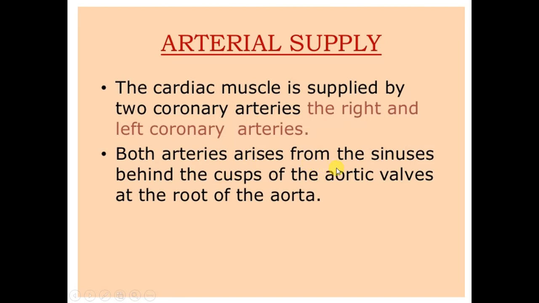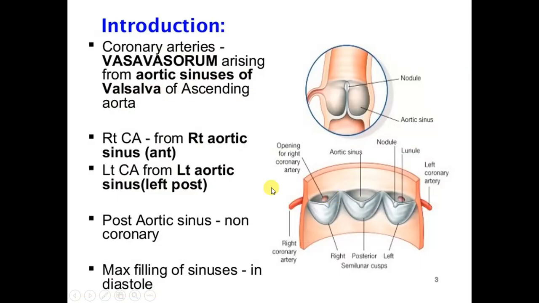Both coronary arteries arise from the sinuses behind the cusp of the aortic valve. Now here we are seeing the cusp of the valve. Coronary arteries, vasa vasorum, arise from the aortic sinuses here. The right one from the right sinus and the left one from the left sinus.